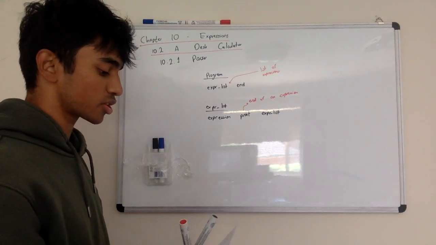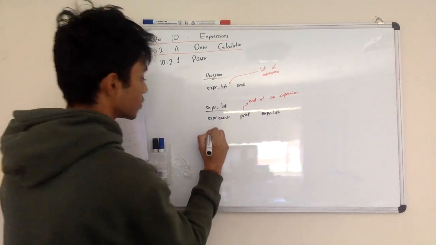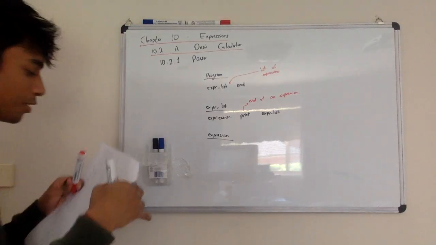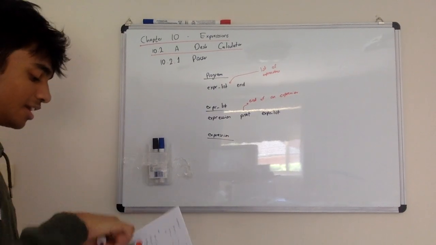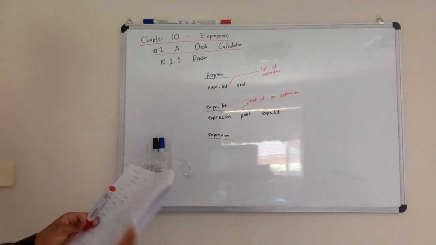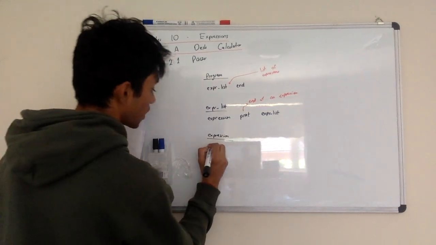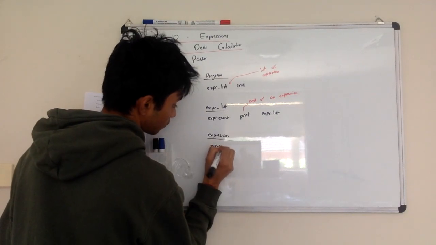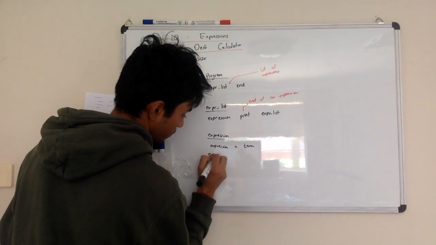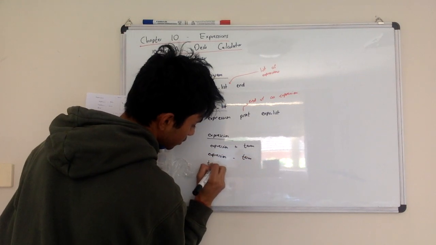But if we define expression list and we have this expression term, we have to also define what an expression is, right? So an expression, this is where my understanding of the definitions took a bit longer to understand. But the way that I'm going to write it is in two ways. I'm going to give it the way the book gives it, and then I'll try and break it down. So an expression is either an expression plus a term, an expression minus a term, or a term itself.